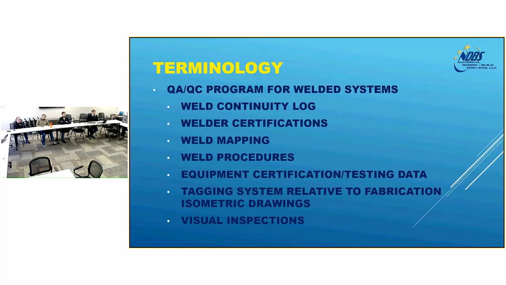Weld mapping is just a spreadsheet that correlates each individual weld with the fab isometric drawings. You might have fab welds and you might have field welds. And so both have to be tracked as to who made the weld and what was involved with making that weld, what weld procedure was used. In some cases you have to track what equipment was used, what the temperatures are, what the gas mixture was, all that detail.